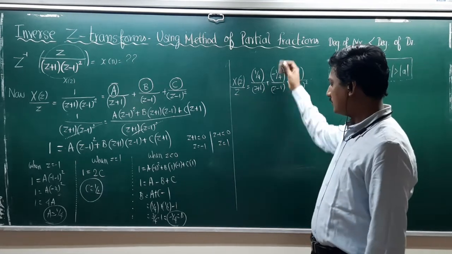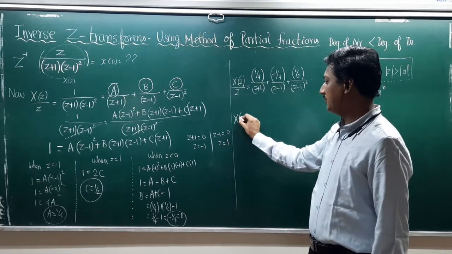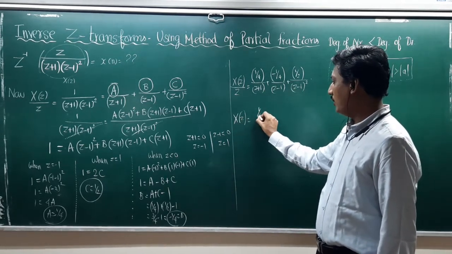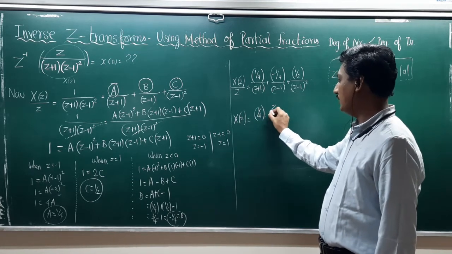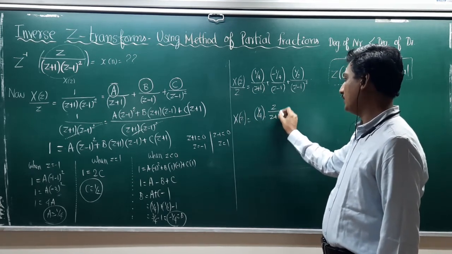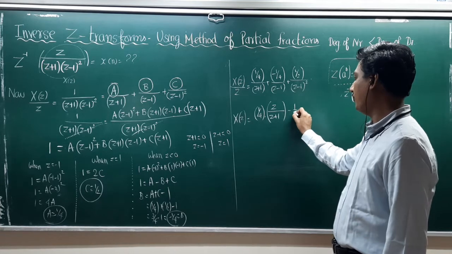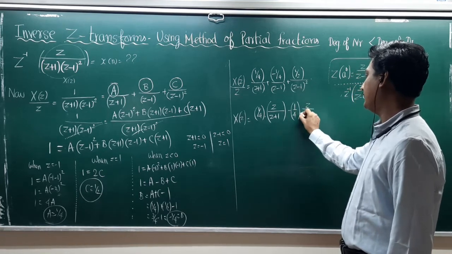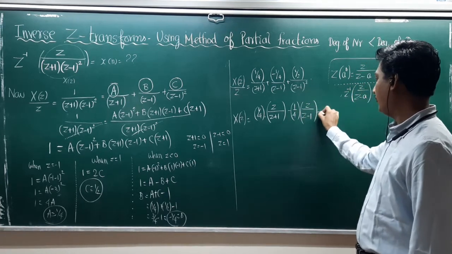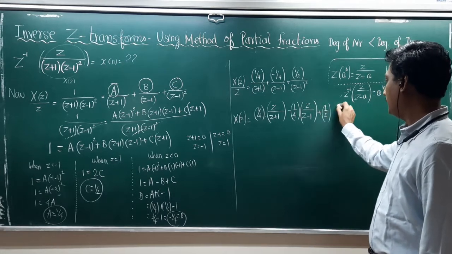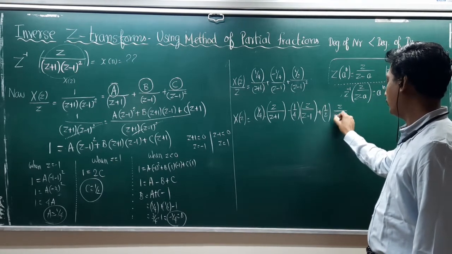Now let's multiply z to the next term. So X of z becomes 1 by 4 into, by using the linear property, z by (z plus 1), minus 1 by 4 into z by (z minus 1), and finally plus 1 by 2 into z by (z minus 1) whole squared.